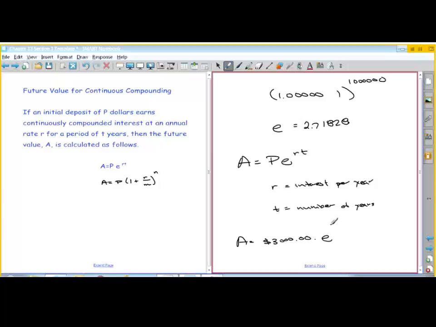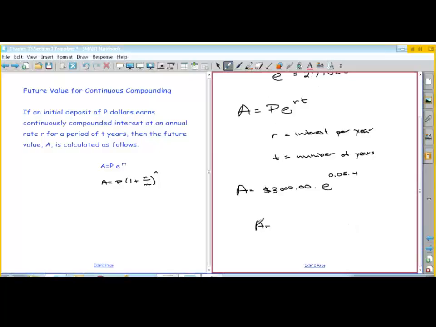We multiply that times e to the interest rate, which was 5%, and we had 4 years. So that is 3,000 times this, and if you have exponential on your calculator, e to the 0.05 times 4, which is 0.2, e to the 0.2 power is 1.221403.